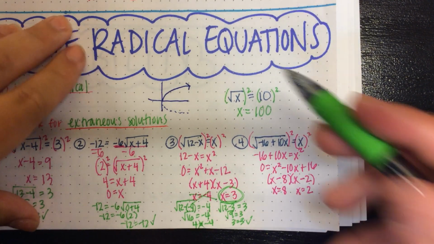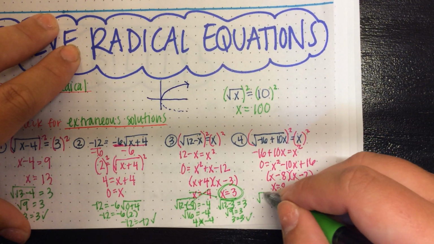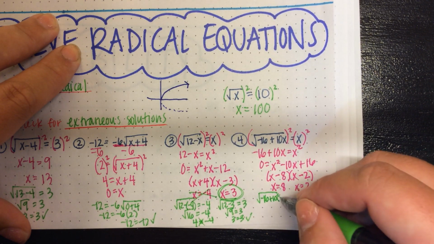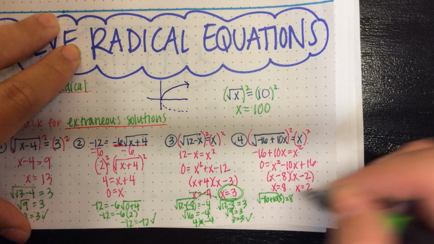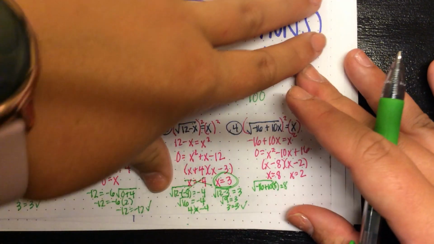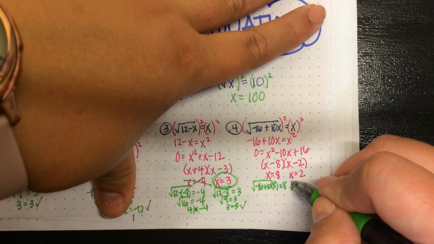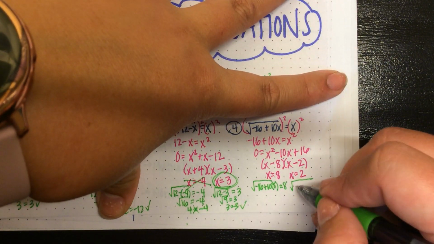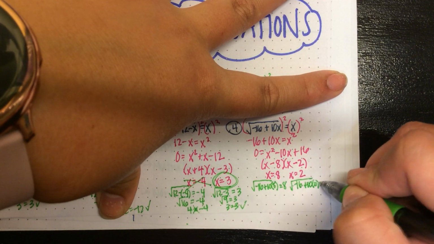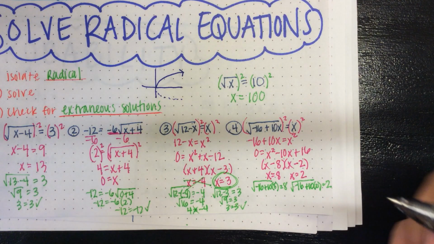Okay, got to double check, make sure we don't have an extraneous solution. So I've got the square root of negative 16 plus 10 times 8, which has to give me 8. And then I've got the square root of negative 16 plus 10 times 2, which has to give me 2.